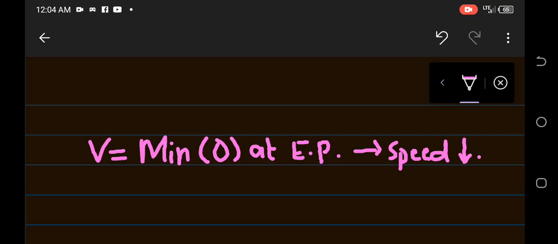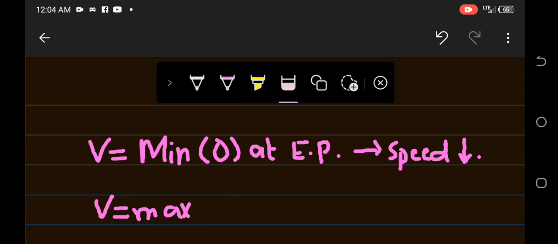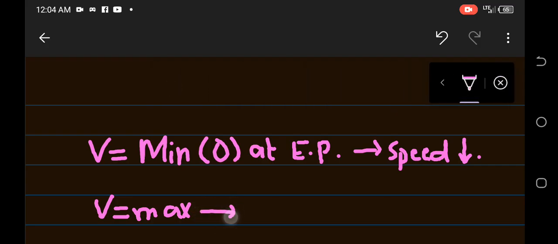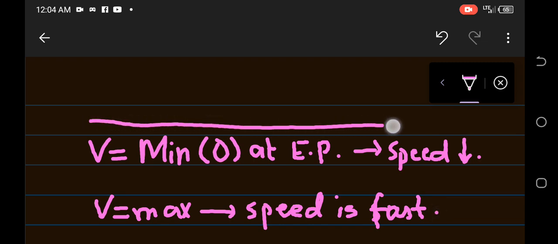And velocity is maximum at the mean point. Why? Because here the speed is fast. So this is what we concluded.